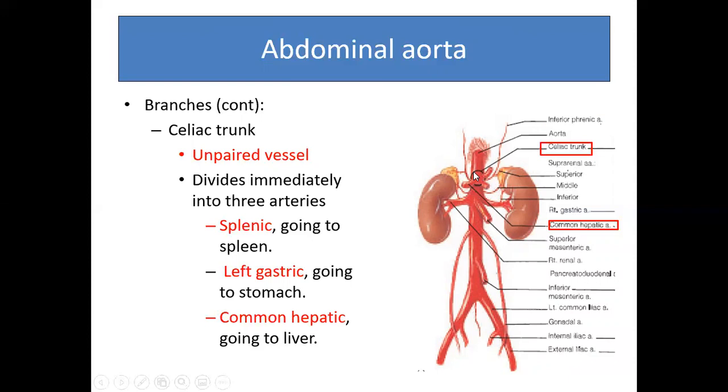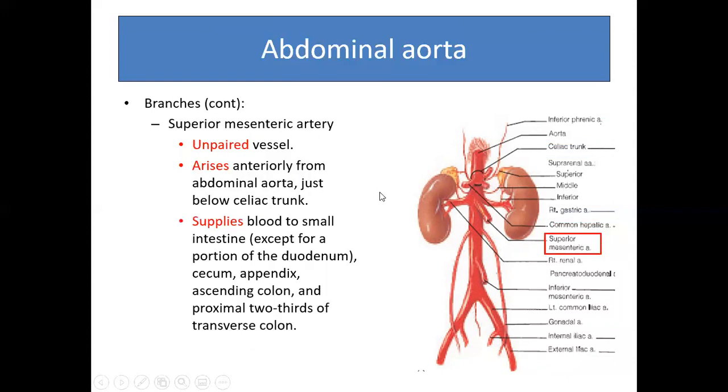So the celiac trunk further divides into three. The third branch that arises from the abdominal aorta is the superior mesenteric artery. It is also an unpaired vessel, a single vessel. It arises at the anterior part of the abdominal aorta, just below the celiac trunk. So above the superior mesenteric artery, we have the celiac trunk.